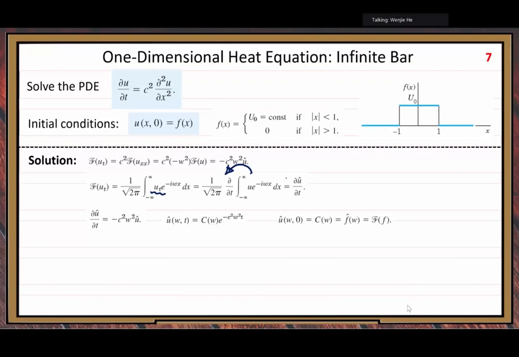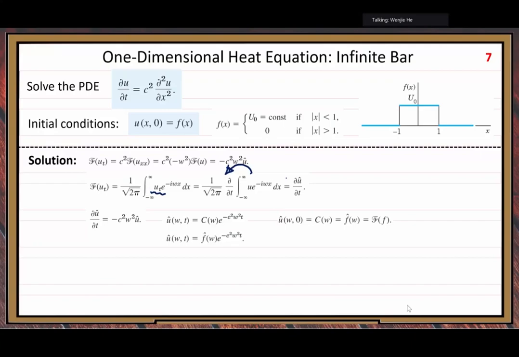You plug in t equals 0, and that gives the capital C of W. The Fourier transform of little u when t equals 0 is the Fourier transform of the initial condition, which is the Fourier transform of the little f function. Little f is known, so capital C is known.